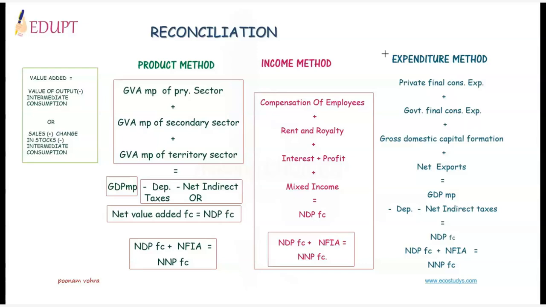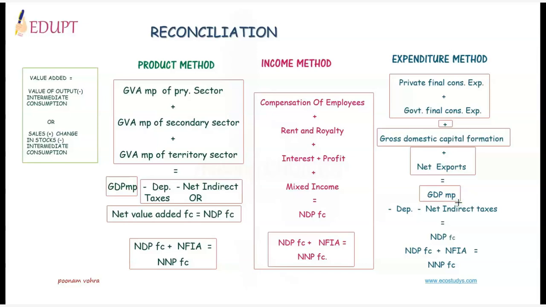So these components mean having private final consumption expenditure, government final consumption expenditure as expenditure for consumption purposes, and gross domestic capital formation, which comprises of gross domestic fixed capital formation and inventory investment. These need to be added to the consumption expenditure. Then after that, net exports is then added to get GDP at market price.